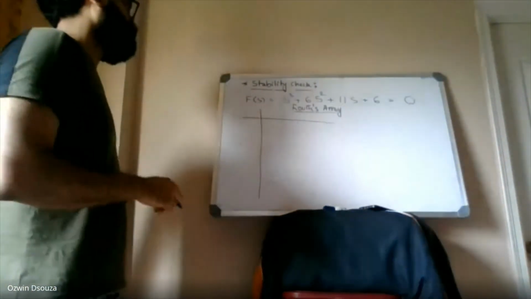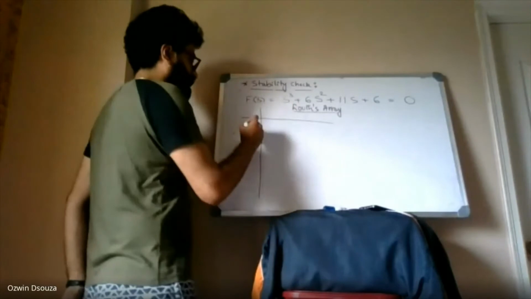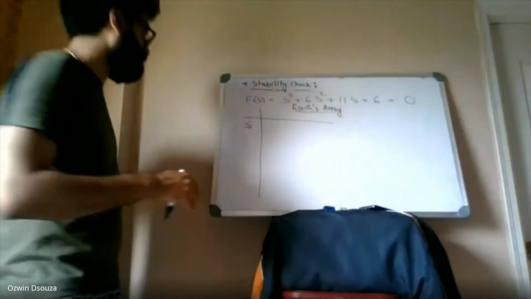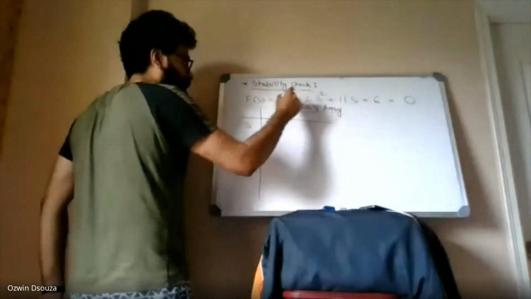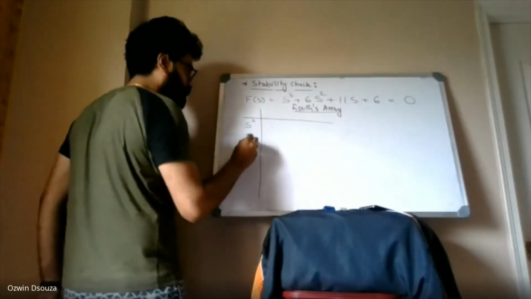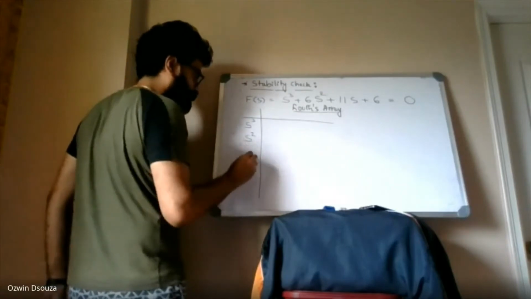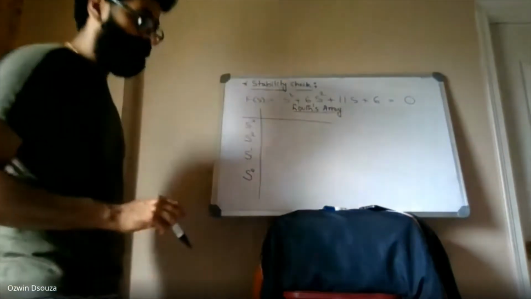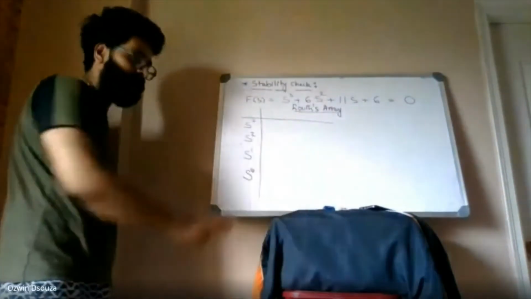First you write down the powers of S in descending order, starting from the highest power. What is the highest power of S? 3, right? So first comes S cube, then S square, then S to the power 1, and then S to the power 0.